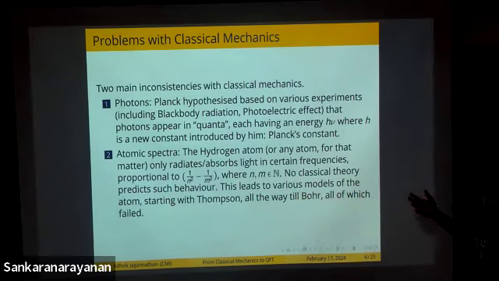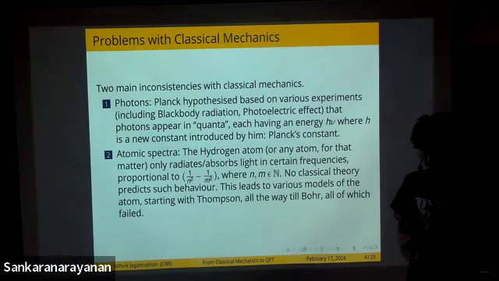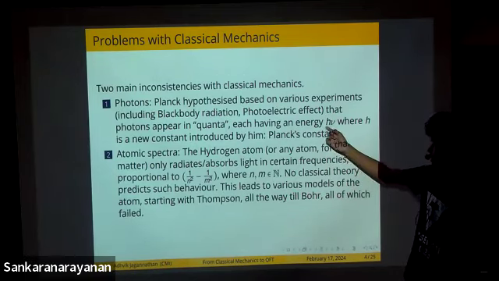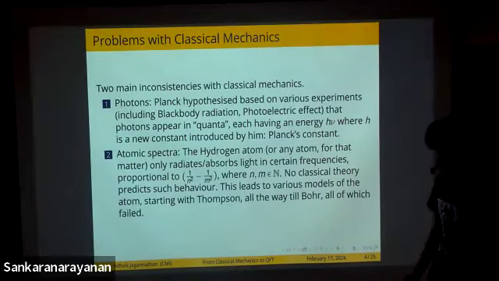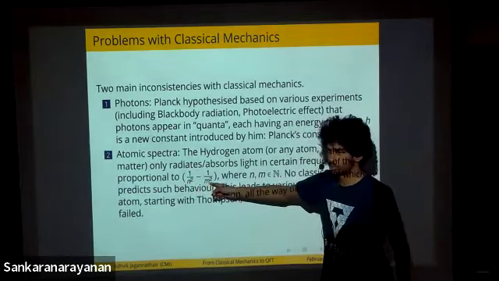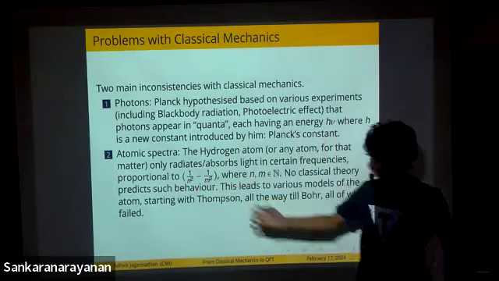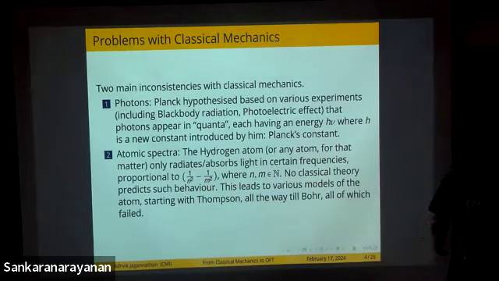When light is incident on some atom, and some electron in the atom absorbs this photon, or at least a part of it, it turns out that this absorbed energy corresponds to some frequency, thanks to Planck's theory, and this frequency is proportional to 1 by n squared minus 1 by m squared, where n and m are some natural numbers.